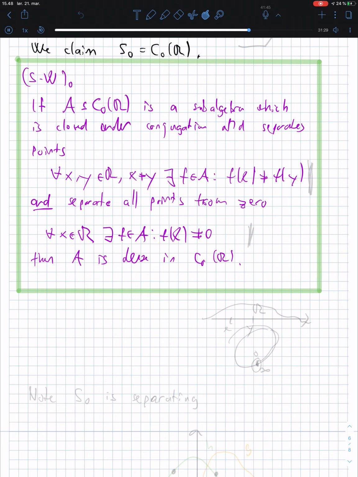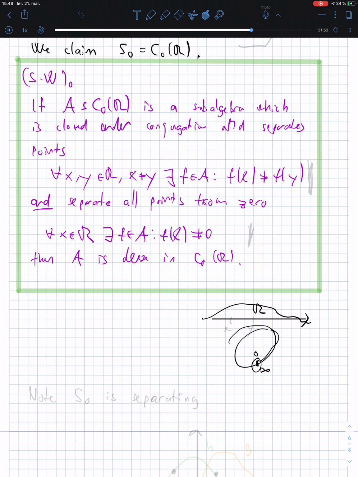So instead of working with the reals, you sort of compactify it into a circle where you have an extra point infinity, right? And what happens then is that all the functions that lived on R and used to vanish at infinity, they now become functions that are 0 at infinity.